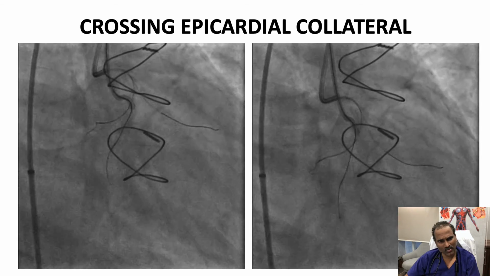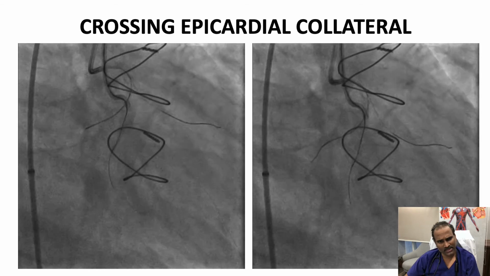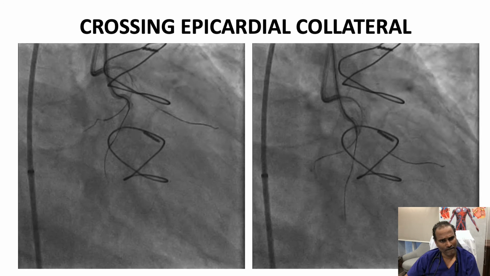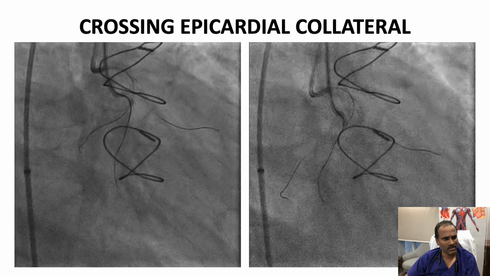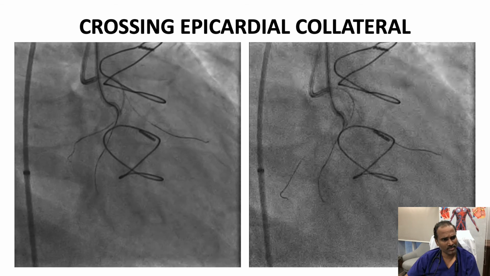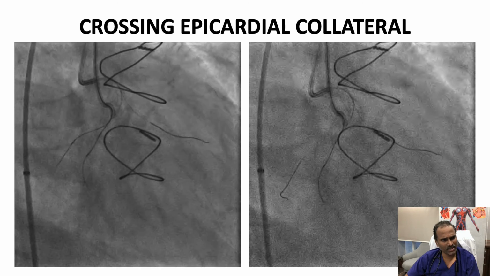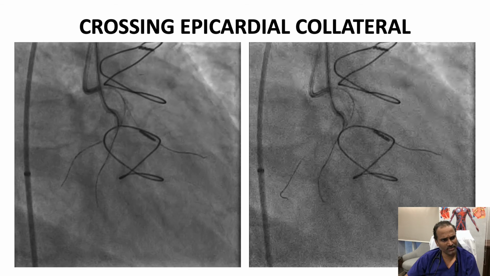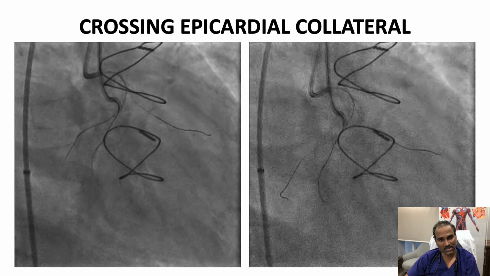We can see how the wire is bending, and gradually the wire progressed. You can see here further progression of CO03, and always keep the microcatheter beyond 5 millimeters from the tip of the wire, so that we won't injure the collateral channel.